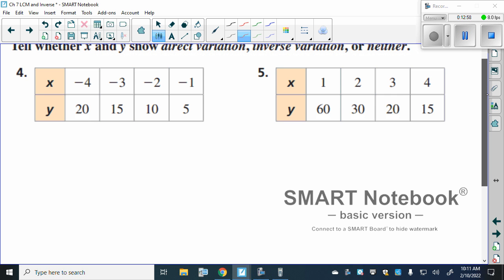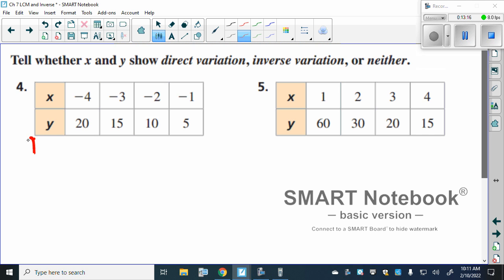So let's look at 2 more of these here. So we have number 4, x is negative 4, negative 3, negative 2, and negative 1, and y is 20, 15, 10, and 5. Do we want to try direct or inverse first? Direct. So we will be doing a is equal to y over x.